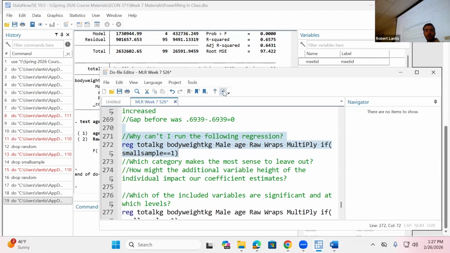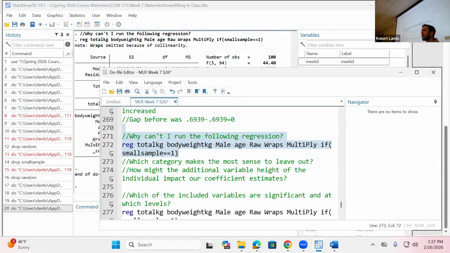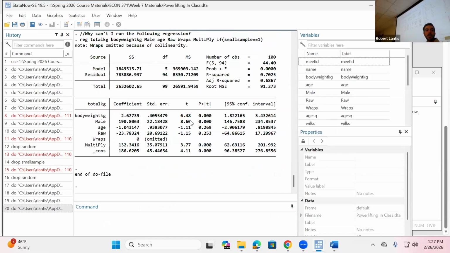Right. So if I run this regression, and I just did it for the smaller sample size, some things might not be statistically significant. So if I'm looking here, first of all, it omitted one of those categories, right? And we'll talk about why this is a problem in a second. First of all, which of these variables could I say have a statistically significant effect at, let's say, the 90% level? Well, what am I looking for?